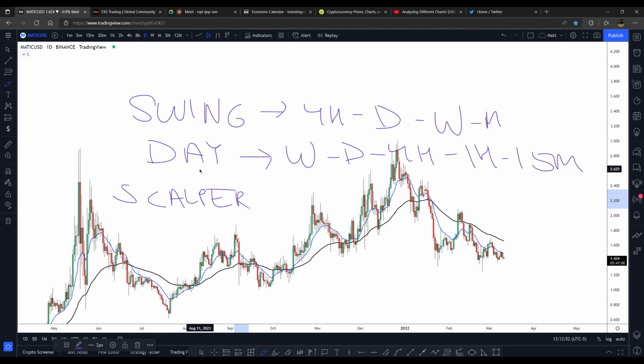When it comes to their trades, they might take multiple trades, and then scalpers are the ones that will take the majority of trades, and they're in and out usually within a couple of minutes, or they might hold on to a position perhaps for an hour or so. So scalpers will be looking maybe at the 1 minute, the 5 minutes. Let me write this out over here.